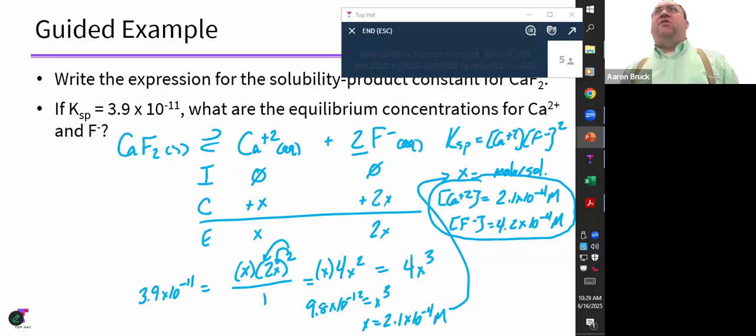So if you run into an example problem online or even in the textbook where it shows this as S and 2S, that's why. KSPs are sometimes given S terms instead of X terms, just to help remind you that that S is standing in for solubility, the molar solubility.